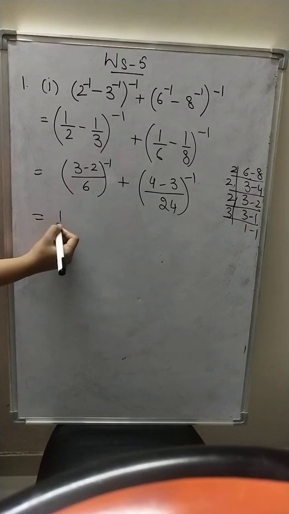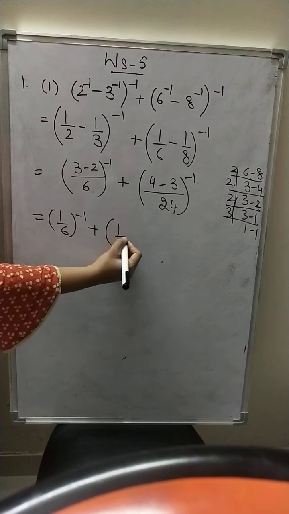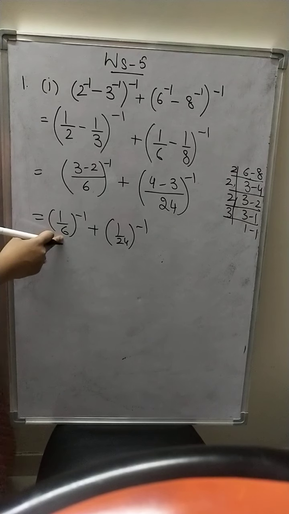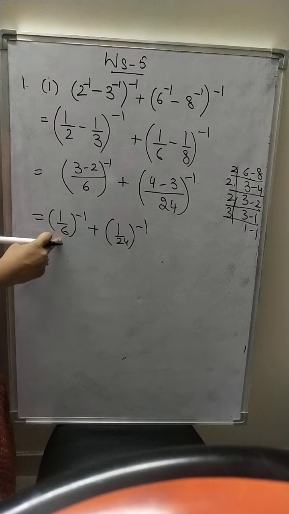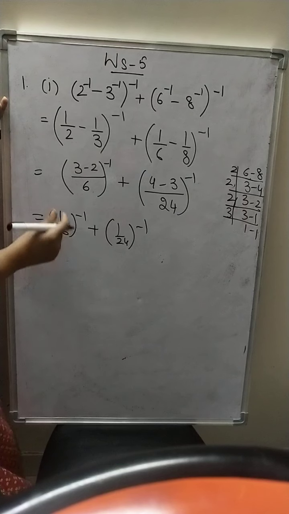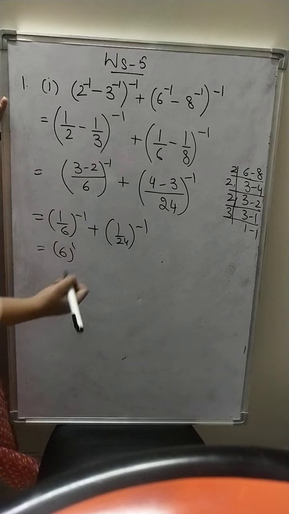So this is 1 upon 6 raised to the power minus 1 plus 1 upon 24 raised to the power minus 1. Now children, I have told you earlier also, just before beginning this question, that raised to the power minus means we have to take the reciprocal of the number. So the reciprocal of 1 upon 6 will be 6 and its power will become positive, it will be 1.